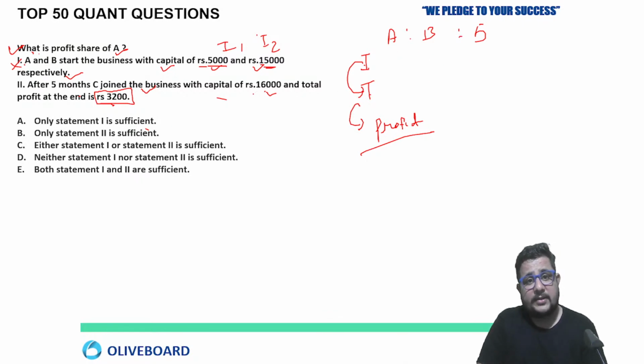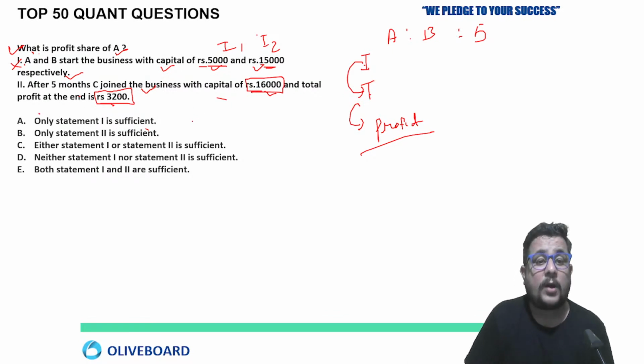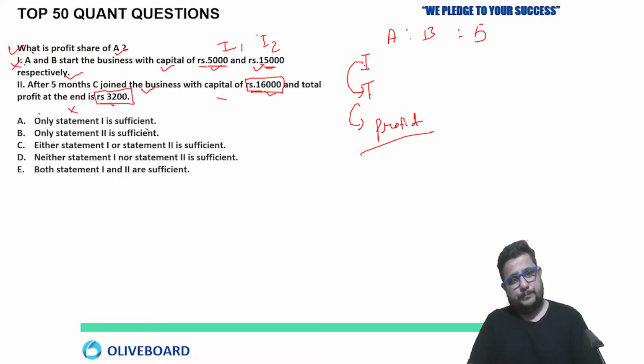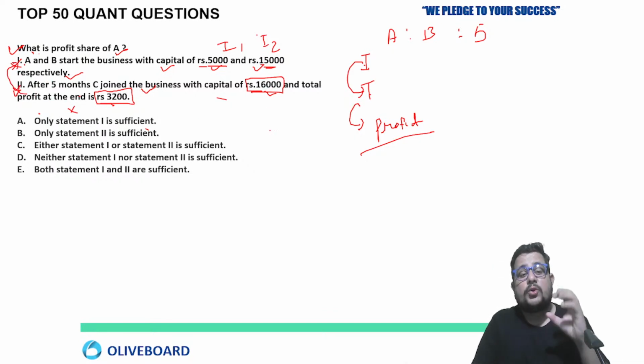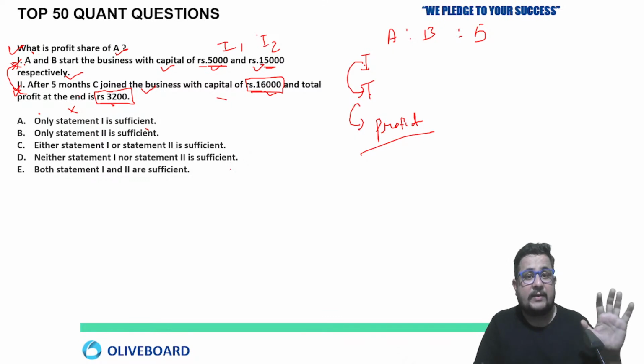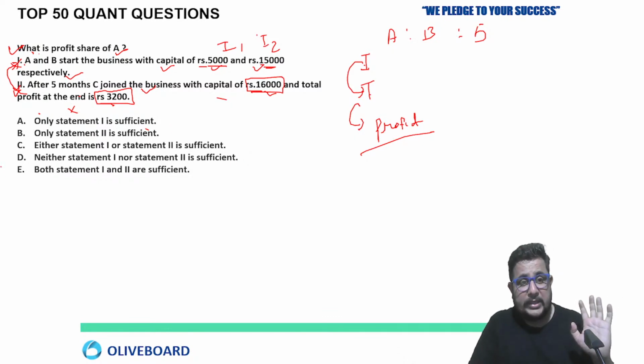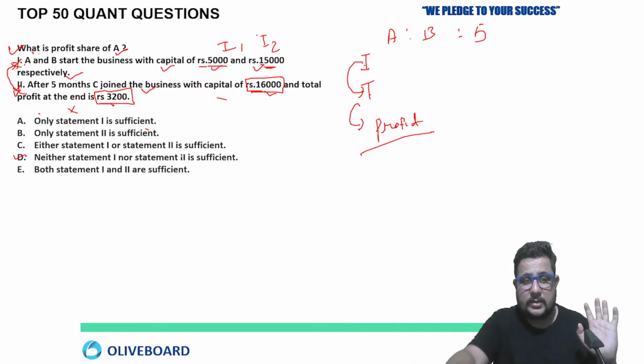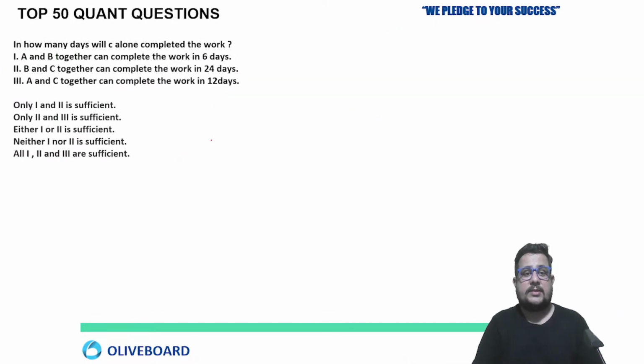Now in this, C's data is given, and the total profit at the end means what? After what time? Do we know the total time? No. So second alone is not sufficient. Even if we merge first and second, we don't have the total timing at the end: 2 years, 3 years, 5 months, 12 months, 10 months, is anything given? No, nothing is given. So we cannot calculate. So neither statement 1 nor statement 2 is sufficient to answer this one.